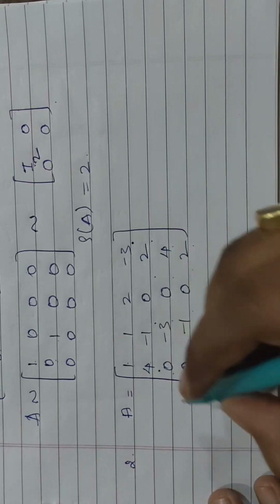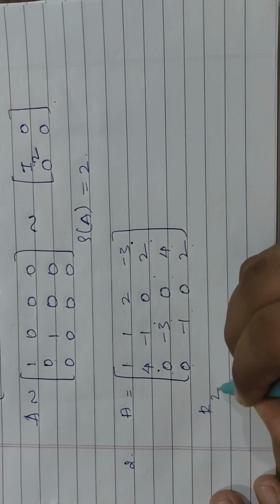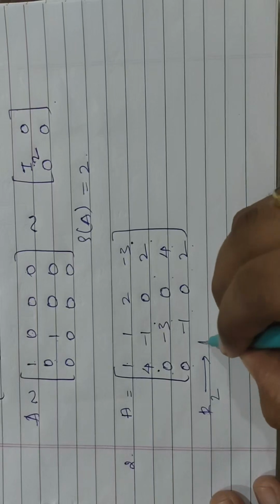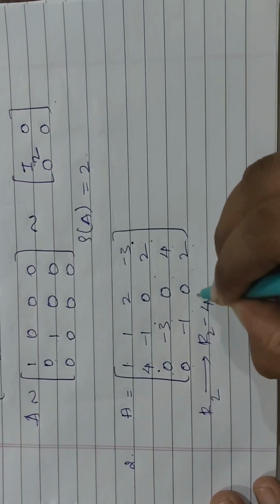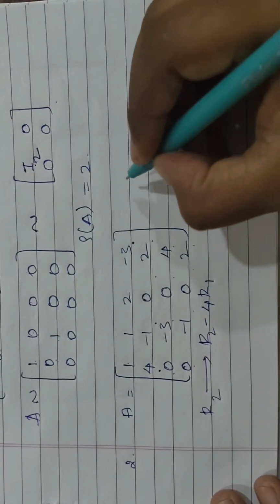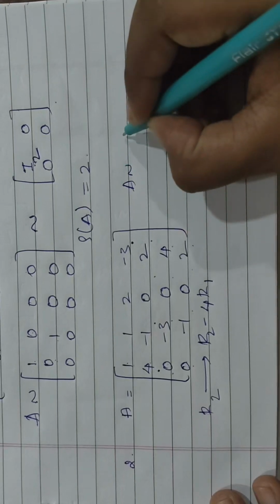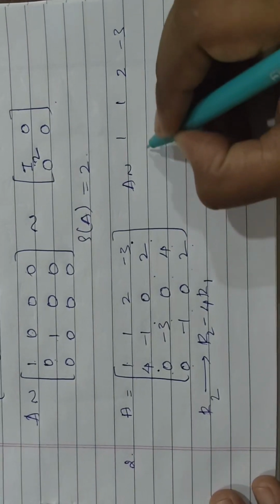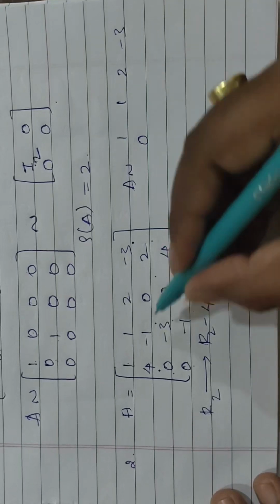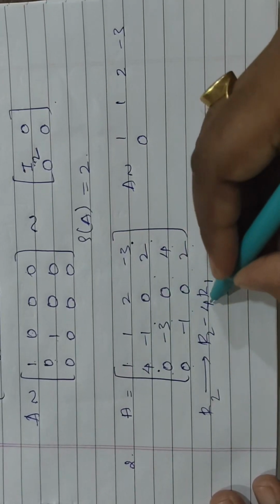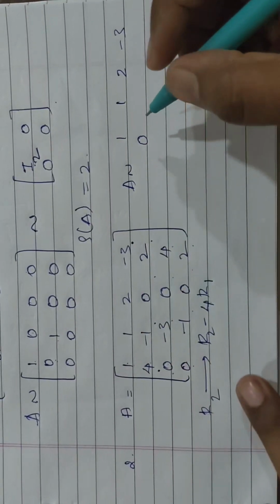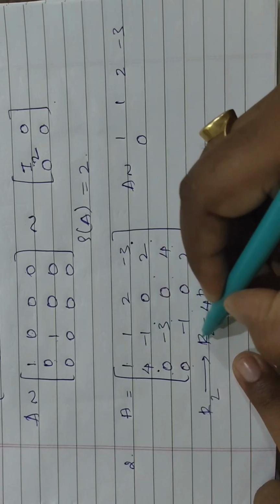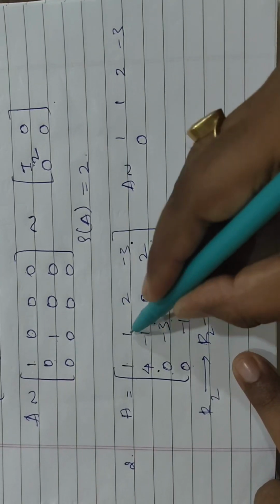So I need to make this 0 using this element. Okay, so for that transformation will be row 2 changing to row 2 minus 4R1. So now our A is equivalent to 1, 1, 2, minus 3, 0. Because 4 minus 4 into 1, that is 0. Next, R2 is minus 1, R1 is 1.